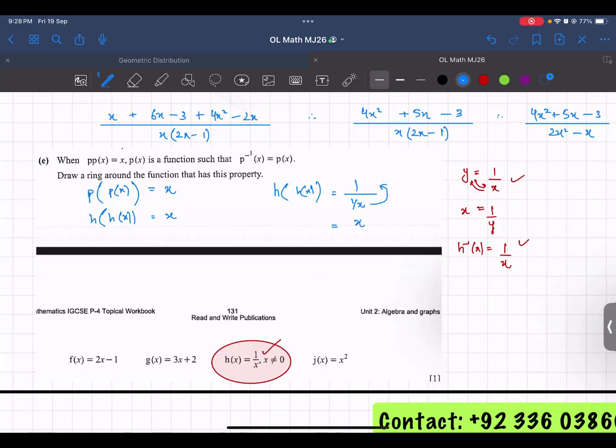X comes up. 1 divided by 1 upon x, and then you do the reciprocal. So 1 multiplied by x upon 1. So this becomes x. Understood?